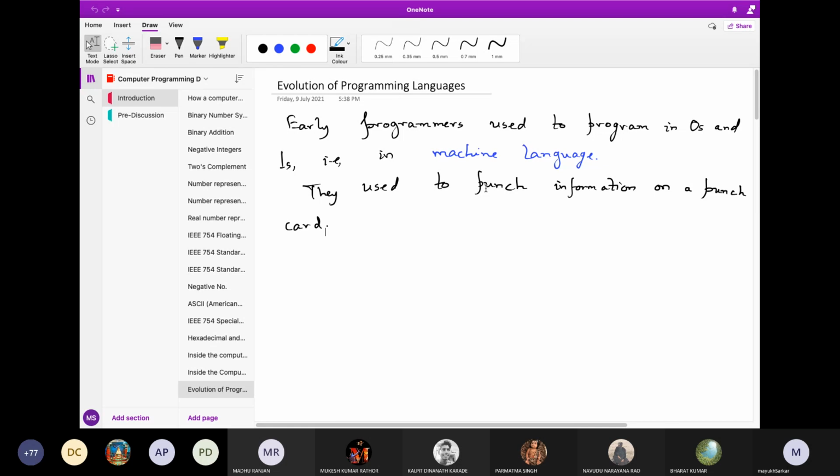They used to punch ones and zeros, and operations used to take hours at least. It was not that there was a computer on everyone's desk. There used to be a single computer taking the whole room. Programmers used to wait in front of the computer to give their punch card in line, maybe in a queue.